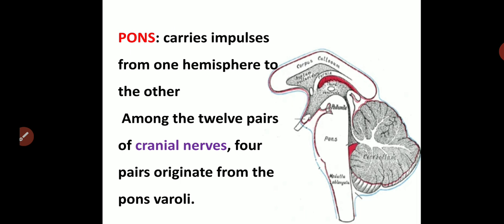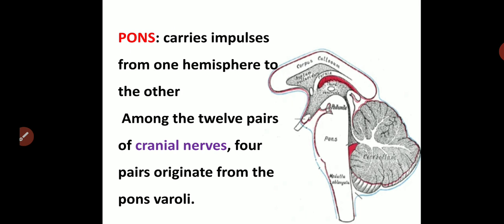Then the pons. It is located centrally below the cerebellum. What is its function? It carries impulses from the medulla oblongata to the forebrain, and it also carries impulses from one hemisphere of the cerebellum to another, and it helps to coordinate the muscular movements on both sides.